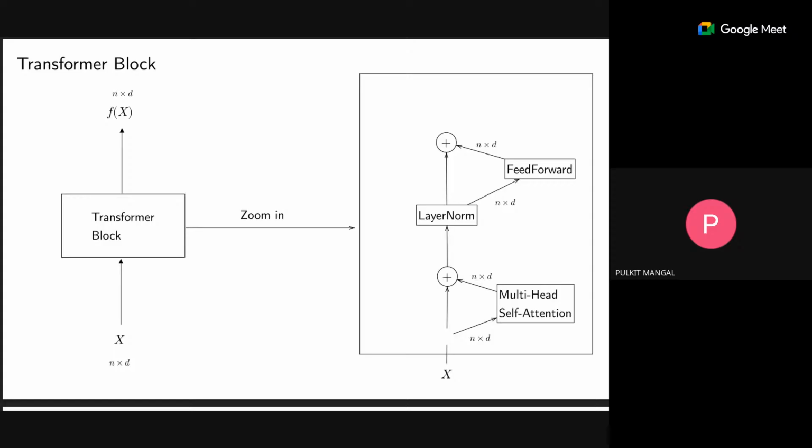After layer norm, again you apply the skip connection part, but now one part will be fed to the feed forward neural network. The input to the feed forward is n cross t, output is also n cross t, and that is passed with this skip connection. And then again you apply layer norm, and whatever output you get will be passed on. The final output will be n cross t. Let me repeat it again.